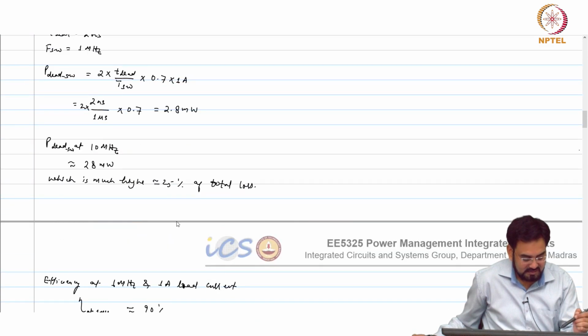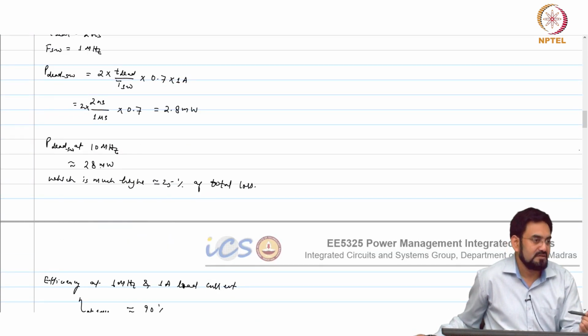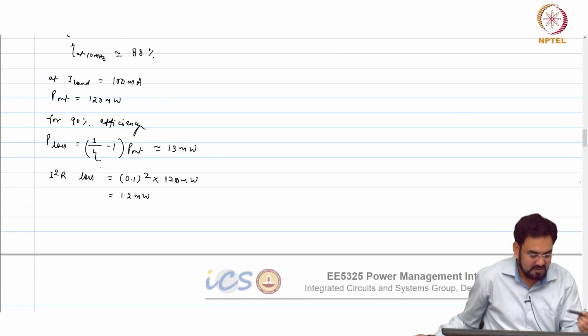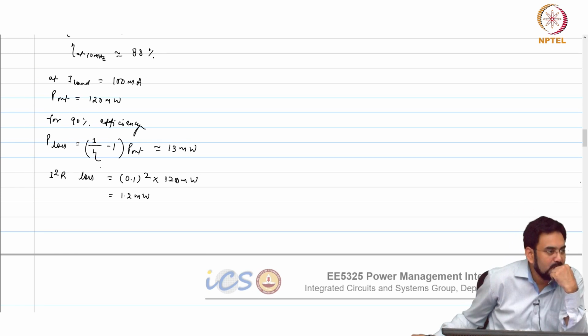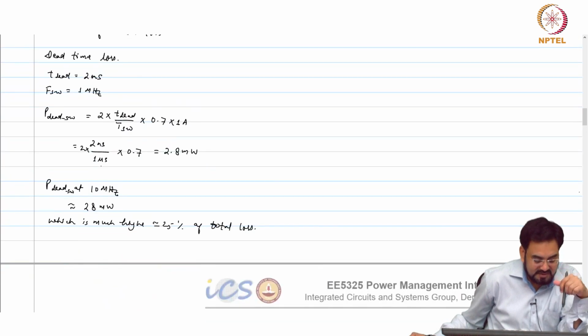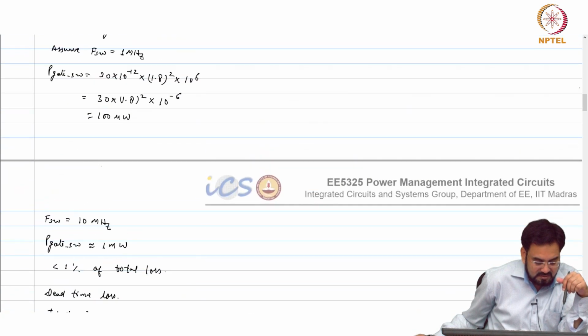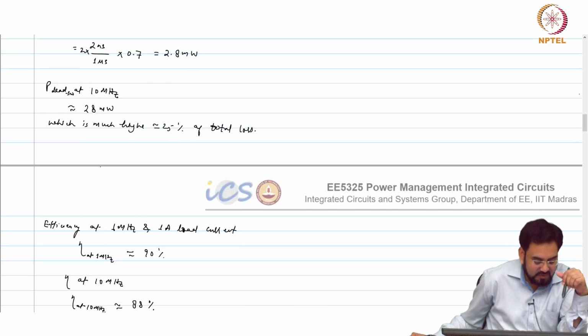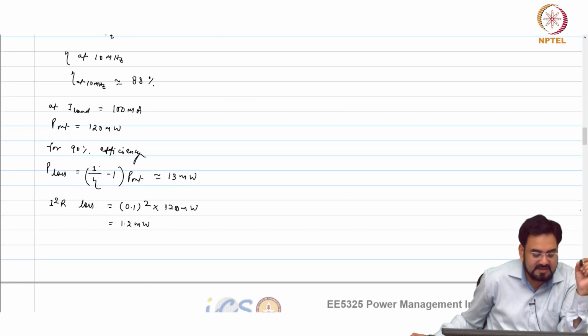and then 28 milliwatt, 30 milliwatt roughly. So 30 milliwatt of your 120 milliwatt is how much? 25%. 28 milliwatt is dead time loss. That will change. Oh, sorry, 28 was dead time. So how much was CV square? 1 milliwatt. Yeah, 1 milliwatt plus 1.2, and how much will be the dead time loss?